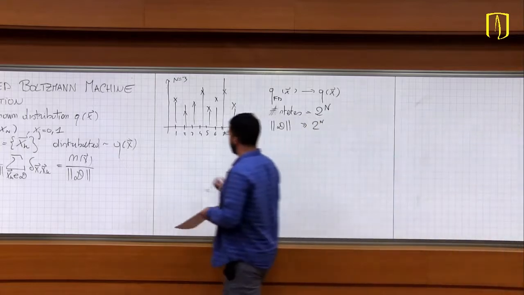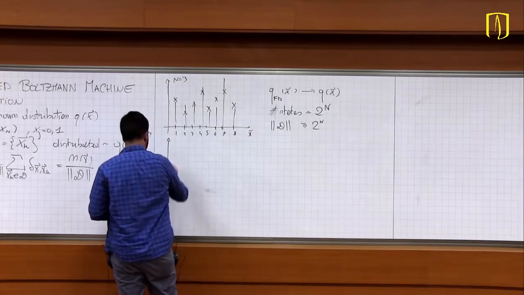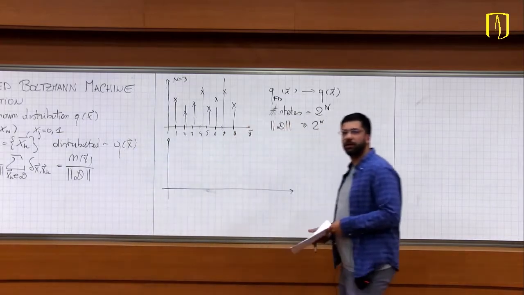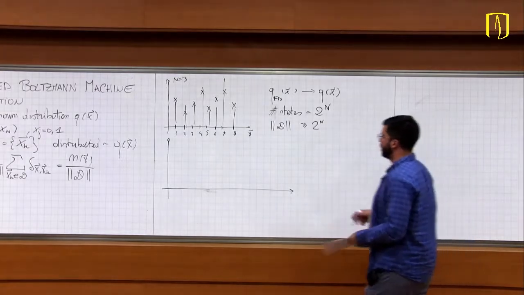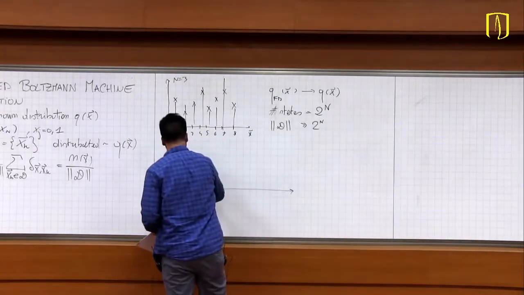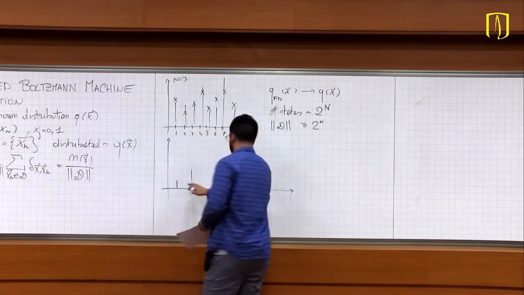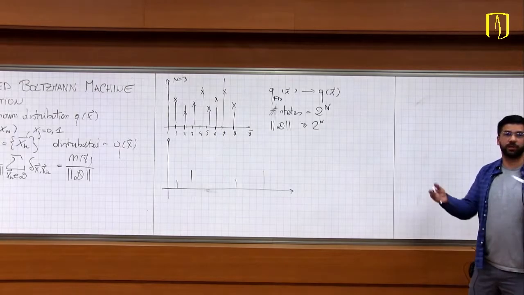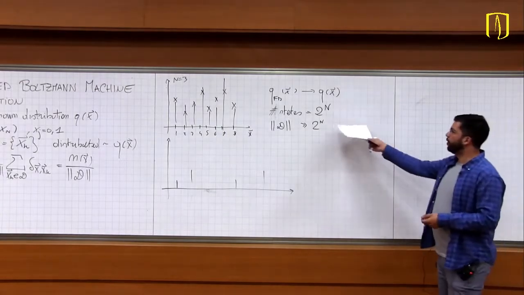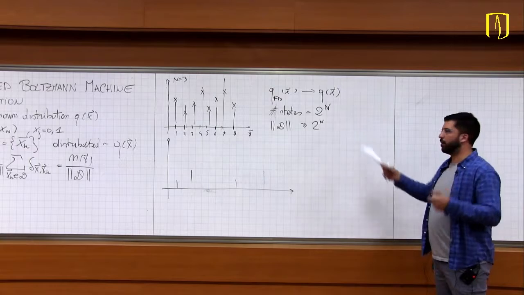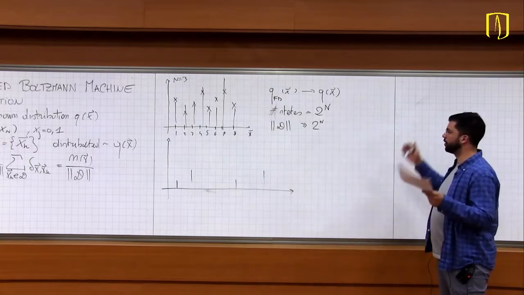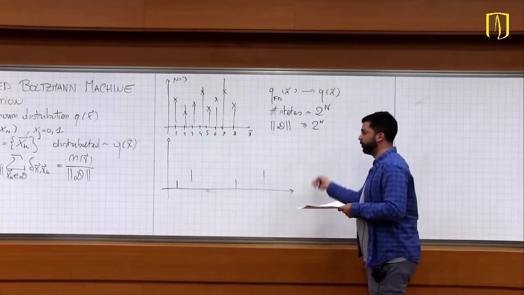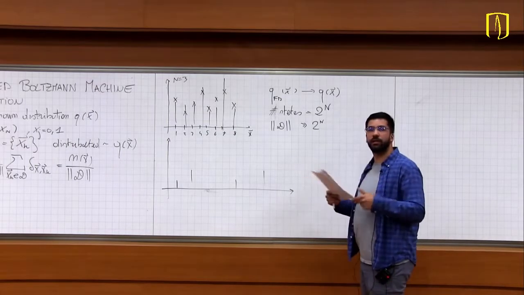Imagine now building a histogram for some realistic size, maybe 50, maybe 100. You soon realize that you're going to have some statistics, but most of the states will have zero counts, just because you cannot explore them. 2 to the 50 is something like 10 to the, I don't know, more than all the particles in the universe or something, and you're going to have finite size data sets, like 100,000 or 100 million samples.